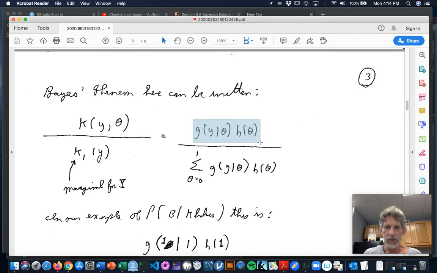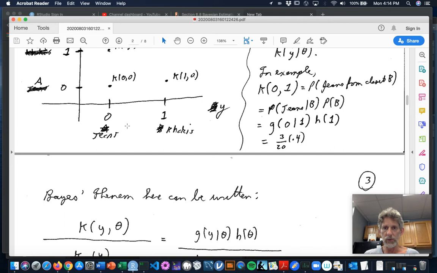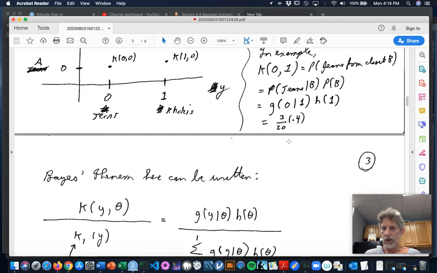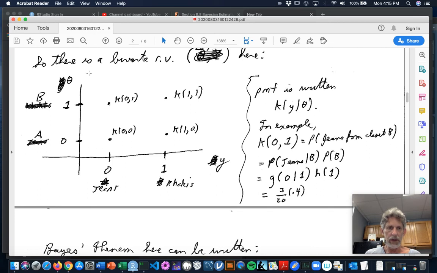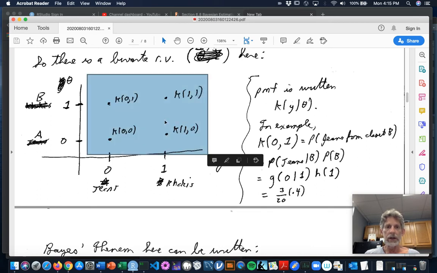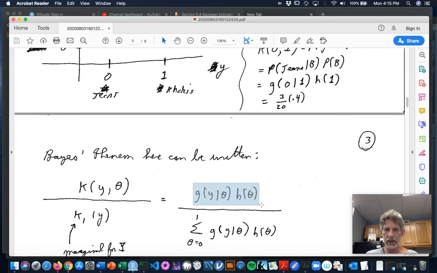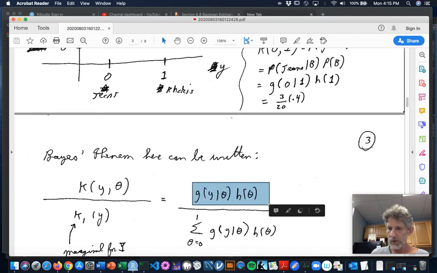And then on the top, you're using the multiplication rule to get that joint, just like we were doing up here. So I was wrong to say that you don't have to compute any of these probabilities. You're probably going to be interested in computing one of those probabilities, and you're using that multiplication rule to get it.